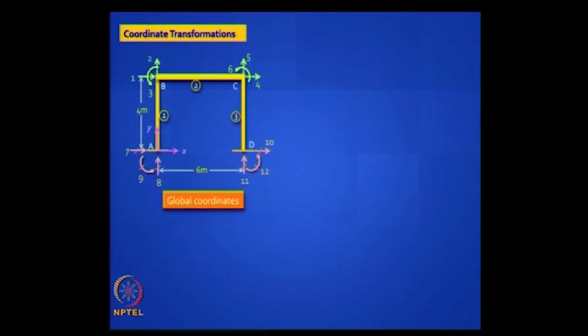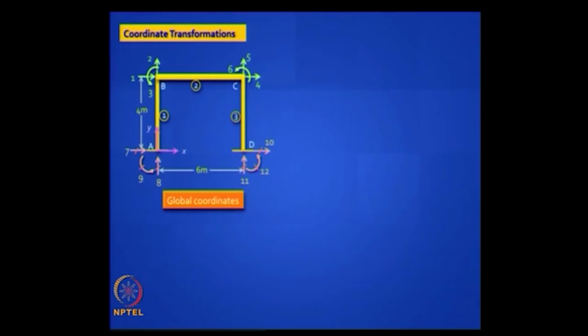So first we have to identify the coordinates, the global coordinates. As usual, we will start numbering from the active degrees of freedom. Since the ends A and D are fixed, only B and C have the active degrees of freedom.